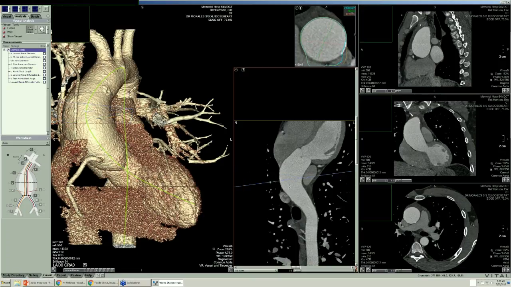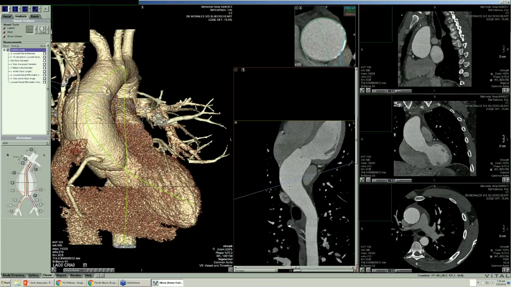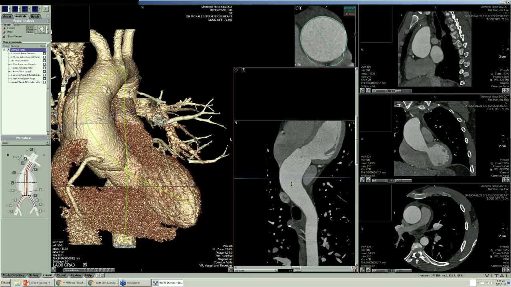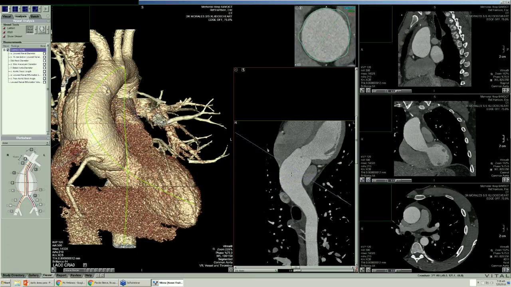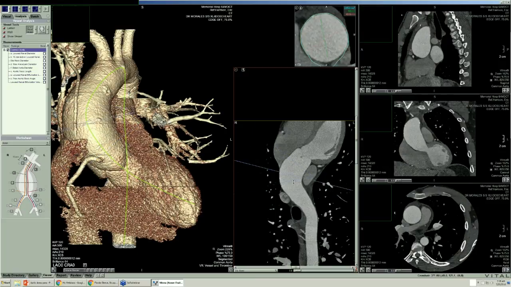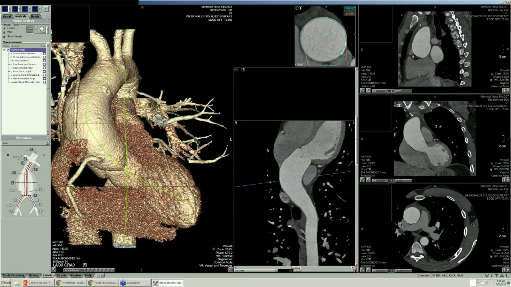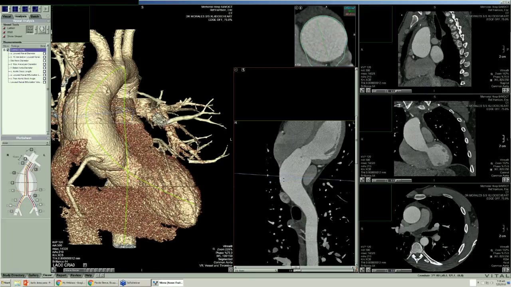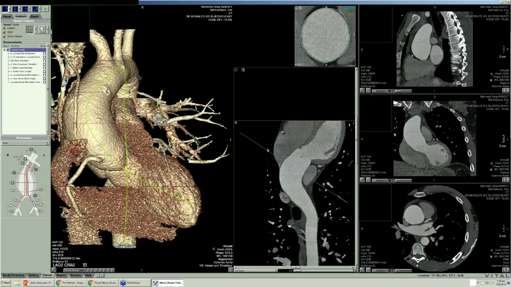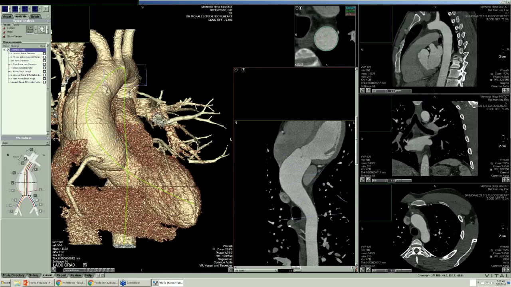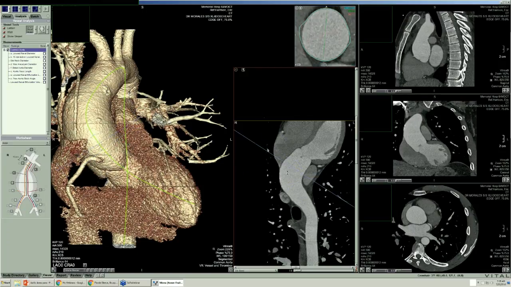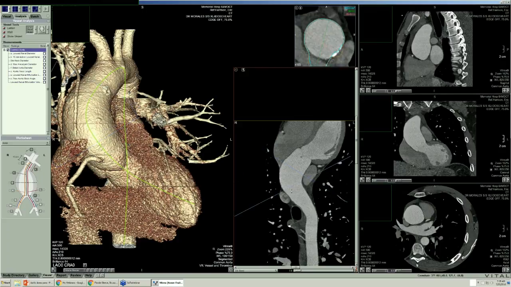So these are actually accurate, reproducible measurements that we can get. If you were in India measuring this, using the same software, you get the same numbers that I'm getting here in Tampa. So that's a pretty good thing. We use this for our TAVR procedure, transcutaneous aortic valve replacement. And so that standardization is pretty cool.